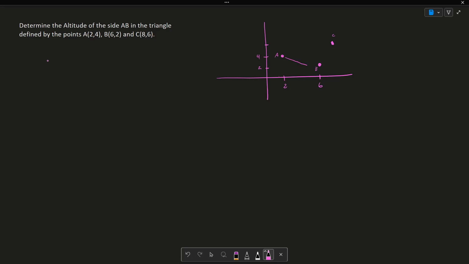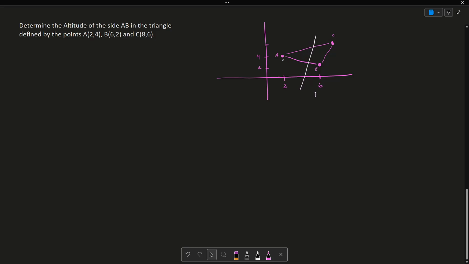So here's my line. I don't want that line there. There's my A, B, and C. And my altitude is going to be the line that is perpendicular to AB, but at the same time it goes through C. I don't want to move the slope around or tilt it.